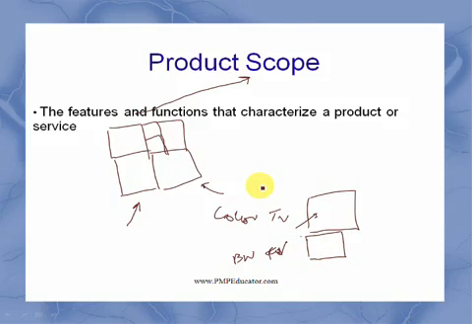So product scope basically defines a boundary, and each product has a boundary. If you have a feature which is not in that scope, that means you are not within the scope of that product, and you always need to remain in that boundary, which is the product scope.